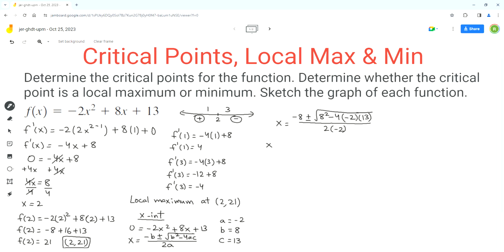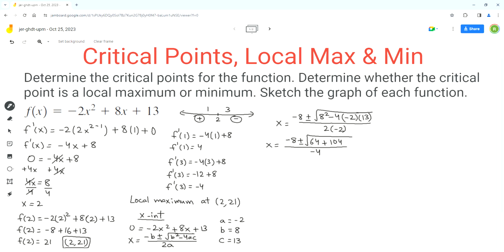So x equals negative 8 plus minus. So 8 squared is 64. And now we can multiply negative 4 times negative 2 times 13, which is equal to 104. So plus 104 over negative 4.